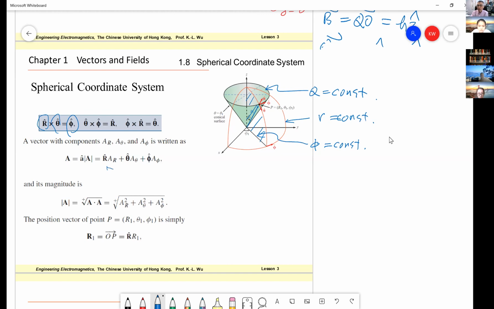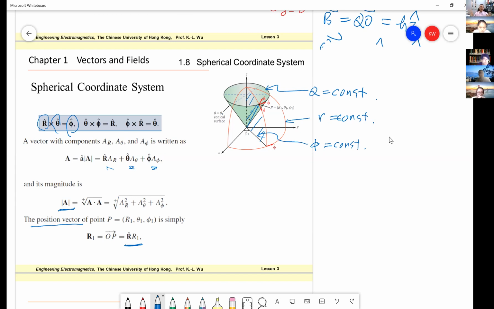And we can have a projection, okay? Then we can define a norm, or the magnitude, of a vector defined by these 3 unit vectors. And any position vector defines any point in this 3-dimensional space.